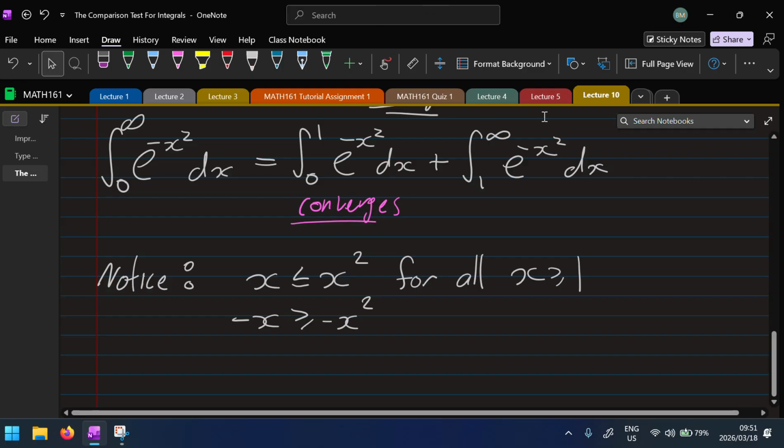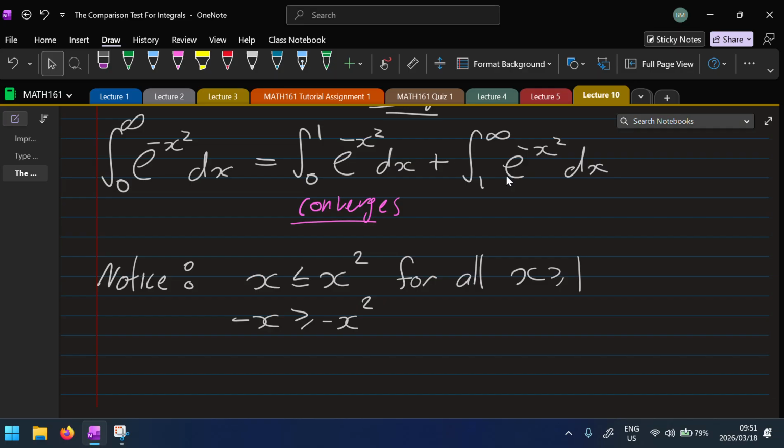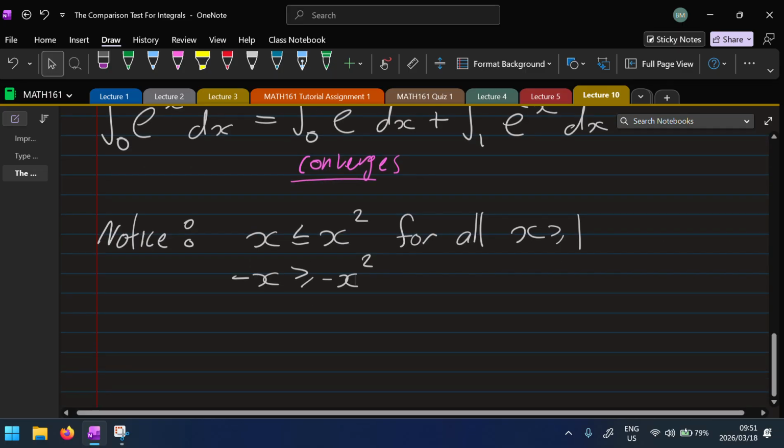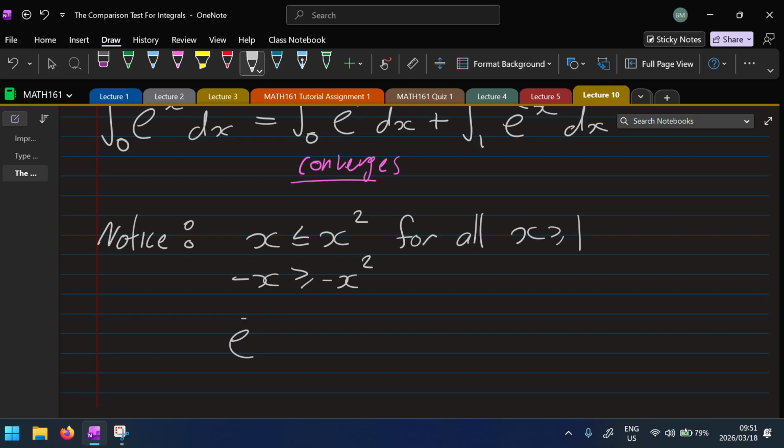Now again, in the given question, we have e to the minus x squared. Over here, we have minus x squared. So let's do e exponential on both sides. And we know that both of those are positive.